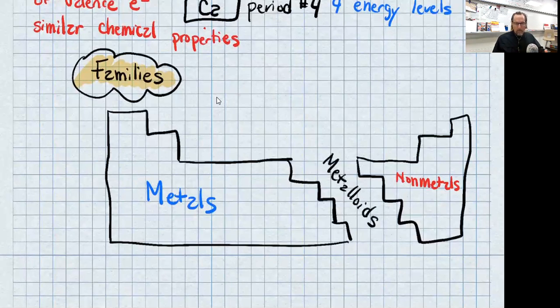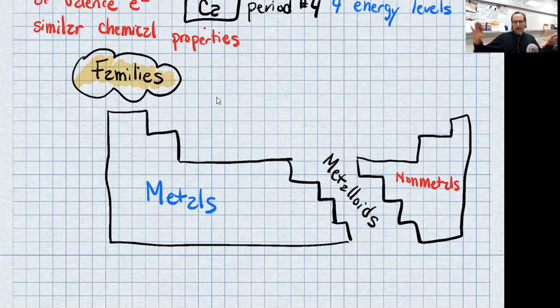Now, we're going to talk more about the differences between metals and nonmetals and metalloids and so on. But for right now, what's important for you to know is just where those are located. So I have, again, my metals on the left side, which make up most of the elements.